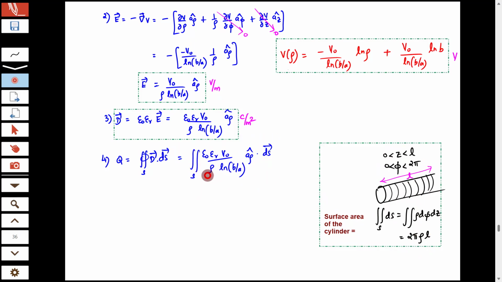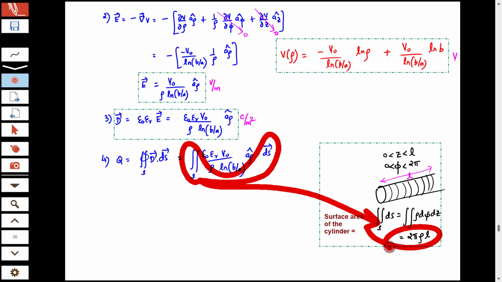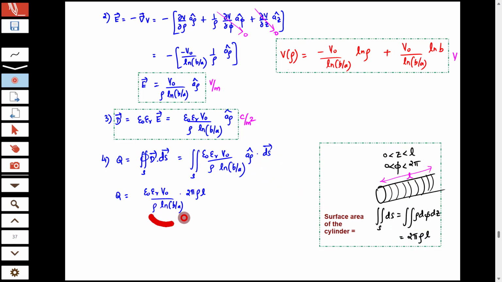When you look at this integration, these are all constants which can be taken outside, and you'll be left with surface integration ds, and that surface integration ds has the value 2 pi rho L, which is the surface area of cylindrical surface whose radius is rho and length is L. So we can write this constant in multiplication with surface area of the cylinder, which cancels the rho from the terms here and gives the charge enclosed as 2 pi epsilon naught epsilon r L into V naught in the numerator, and divided by, in the denominator you have logarithm B by A, which is the charge stored in each of the plates of the capacitor.